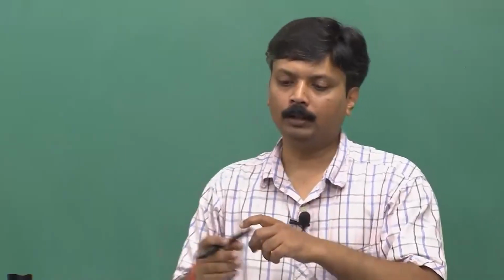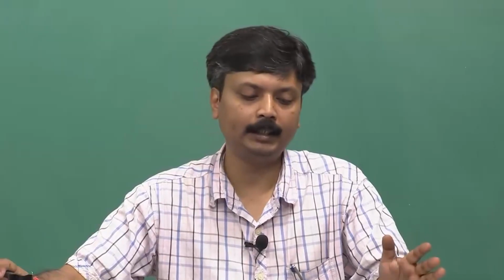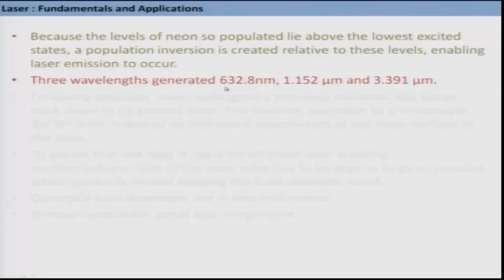These populated energy levels of neon lie above the lowest excited state, and as I said, a population inversion is created with respect to these states, and as a result we can have laser action there.